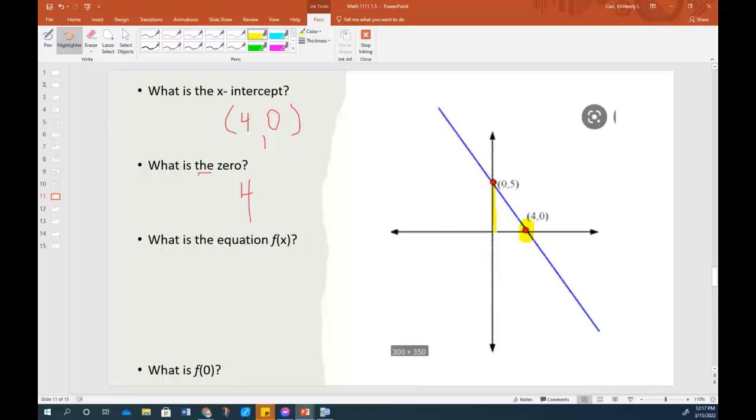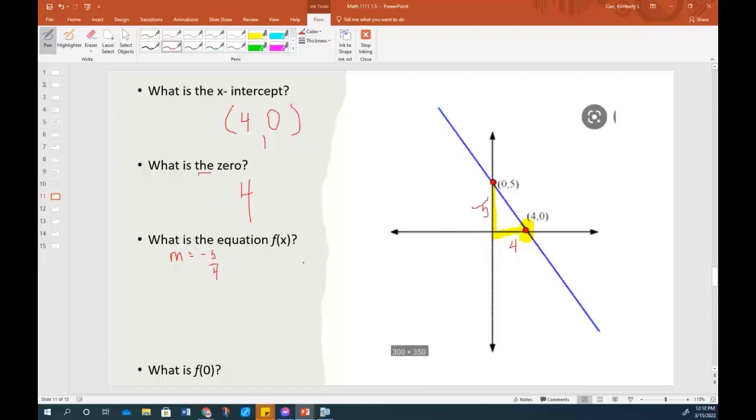If we go vertically and then horizontally across those lines, what we find is that we need to go down 5 and to the right 4. So that would mean the slope is negative 5 over 4.